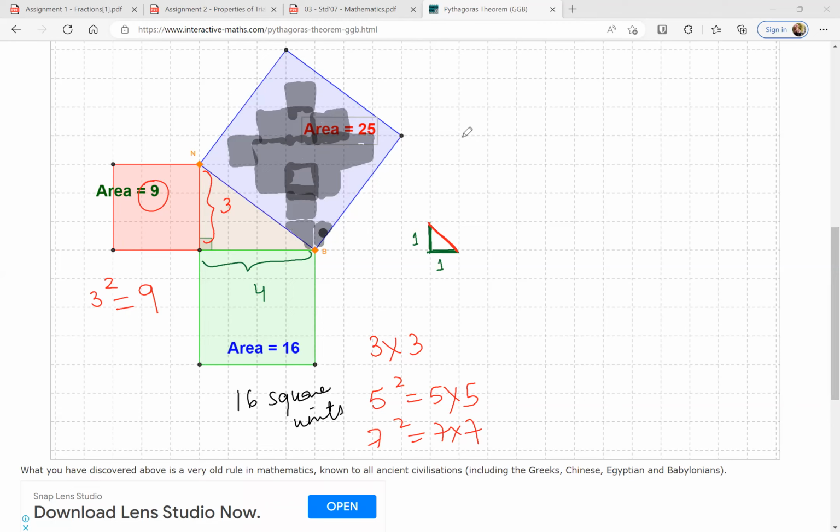So that gives us 13 plus 1, 14. Then this thing you can fit in the tiny piece that is left over here. That will be 15.